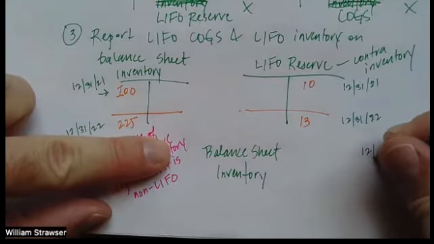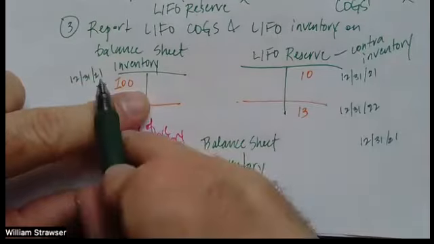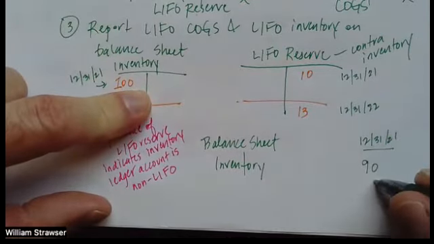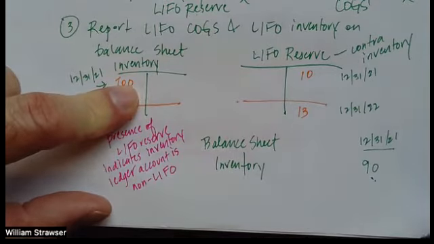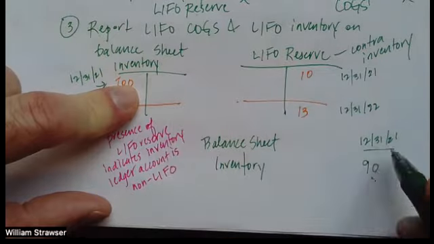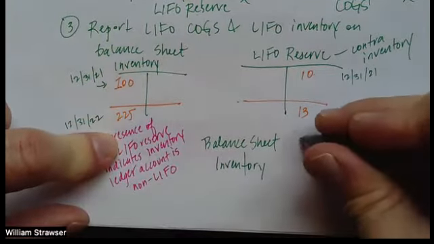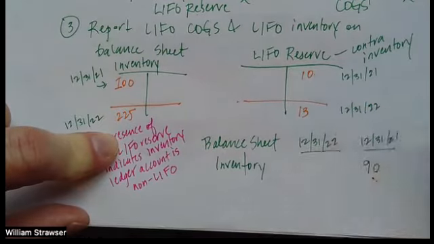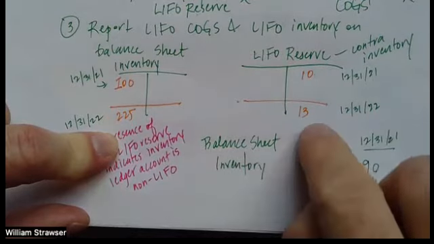So on 12/31/21, the inventory balance would be 100 less 10. It would come out to 90. That's what it would be on a LIFO basis. This is the non-LIFO inventory amount. After adjusted for LIFO reserve, now it's 90. After adjusted for LIFO reserve, my balance on 12/31/22 is going to be $212, 225 minus 13.